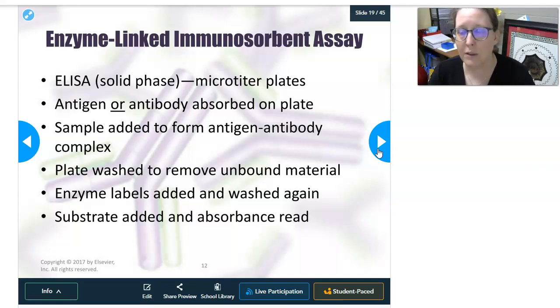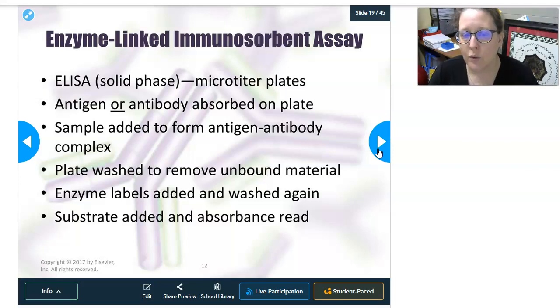Then after the initial reaction between the antigen or antibody bound to the plate and the antigen or antibody in the sample, there's a wash step, and the wash step removes any unbound material. Whatever's left is what has bound to the antigen or antibody that was bound on the well.